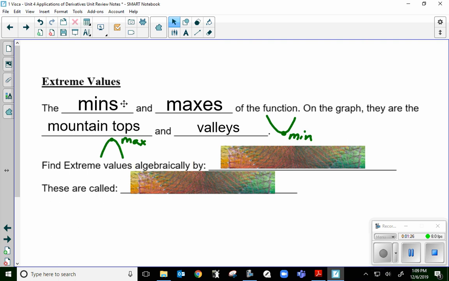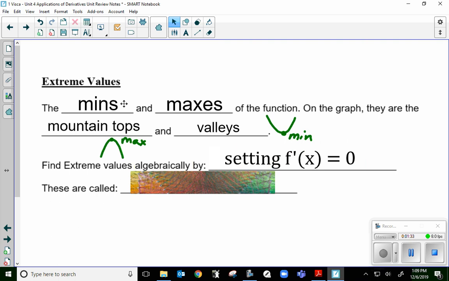But we can also find extreme values algebraically by setting f prime of x equal to 0. That means we just take our derivative, because that's what f prime is, and set it equal to 0. Anytime our derivative is equal to 0, that value is where we have a critical point.